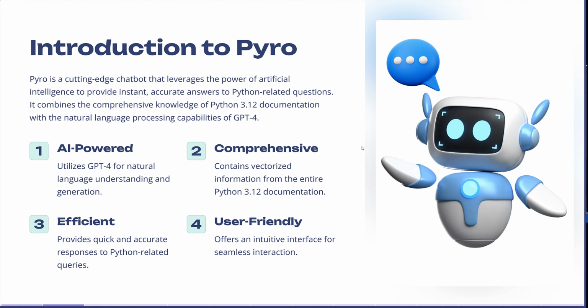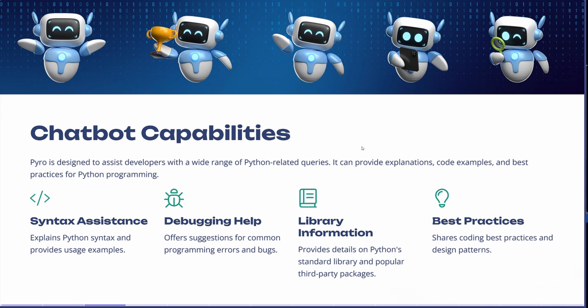It's user friendly, built with user friendliness and UI/UX patterns in mind. Some chatbot capabilities: it can highlight the syntax, it can help you with debugging, it has the entire library information of all the documents, and it gives the best practices because the examples come from the documentation itself.